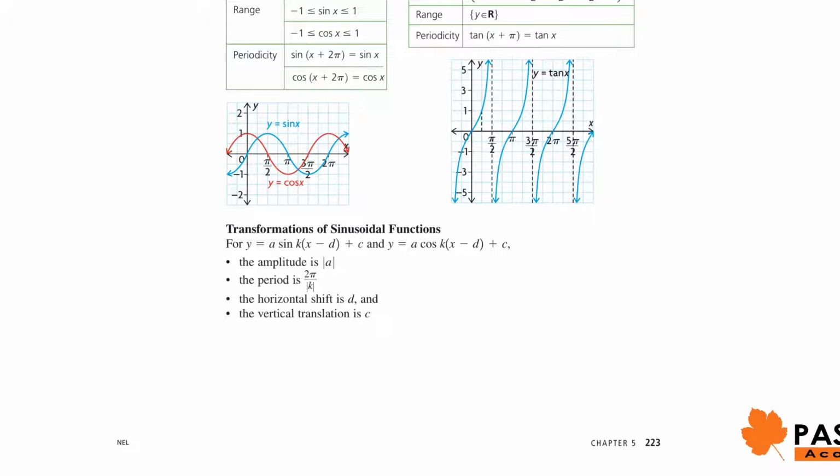In the function y equals a sine of k times x minus d plus c, the absolute value of a is called amplitude and the period is 2 pi divided by the absolute value of k. c is the vertical translation factor, and d is the horizontal translation factor.